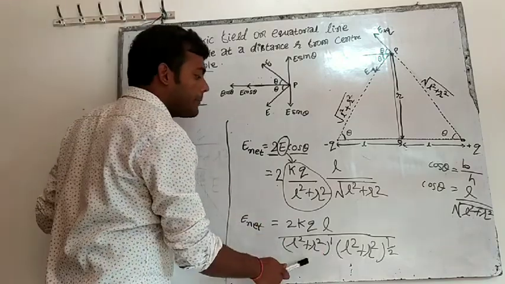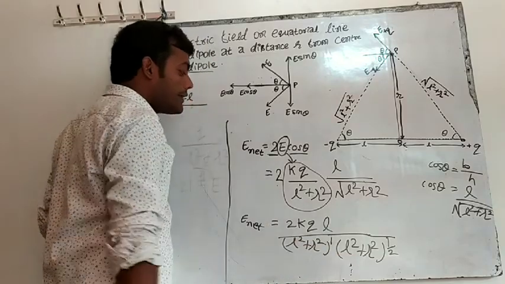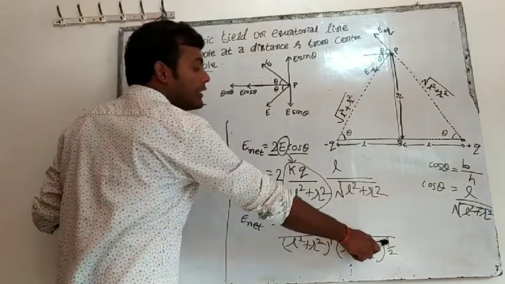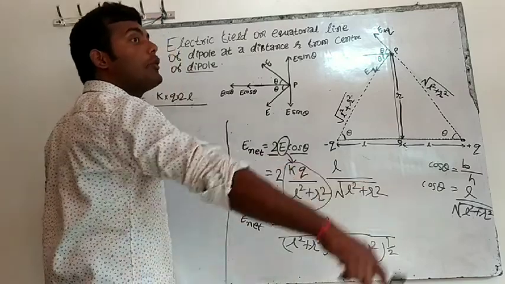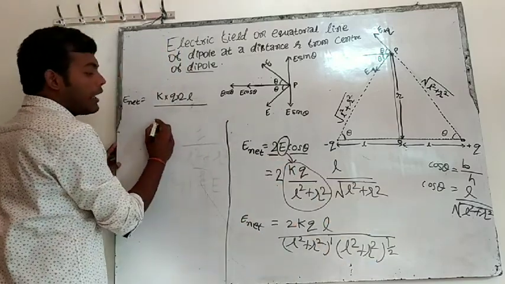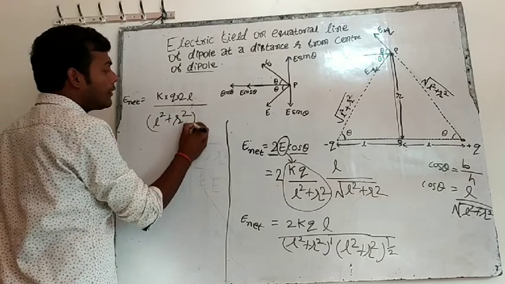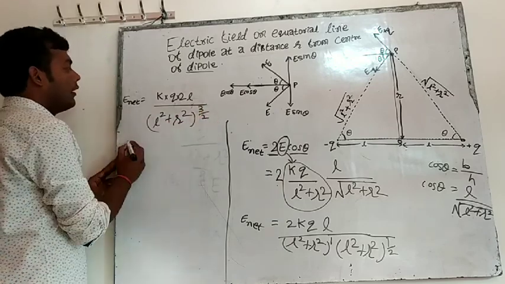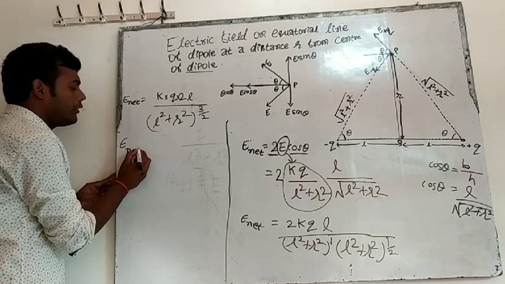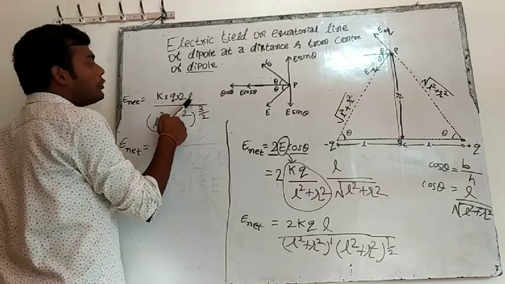We know in mathematics, if the base is the same, then the powers are added. What is the power here? 1. And here? 1 by 2. So 1 plus 1 by 2 will be 3 by 2. So we can write that this will be (L square plus R square) to the power 3 by 2.